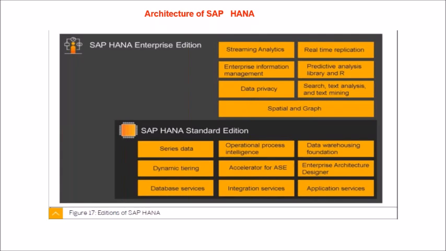Apart from that, additionally, if the customer wants something like EIM, SAP Enterprise Information Management, like SDI, SDQ, or some predictive capabilities, or real-time replication using SLT, then additional costs will be there and additional licensing is required.